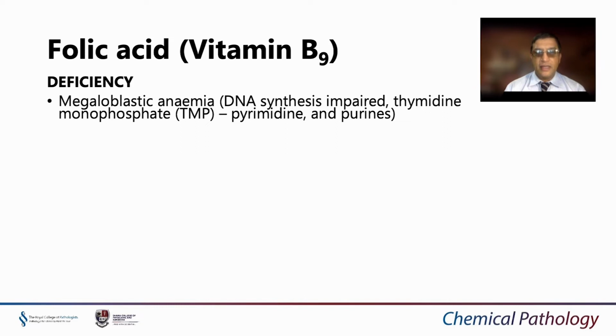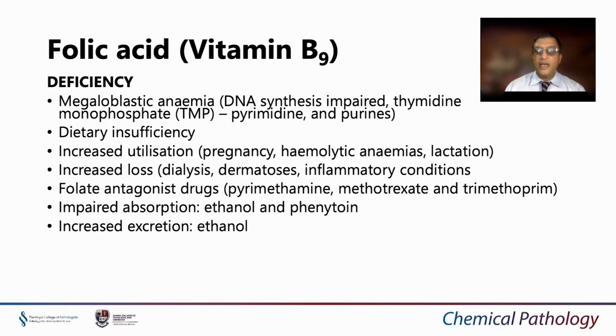The red blood cells appear enlarged and the anemia requires B9 supplementation. Dietary insufficiency of B9 also causes deficiency. Increased utilization states and increased loss can also result in vitamin B9 deficiency.